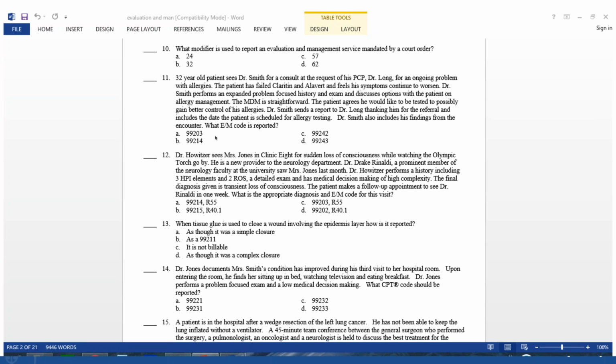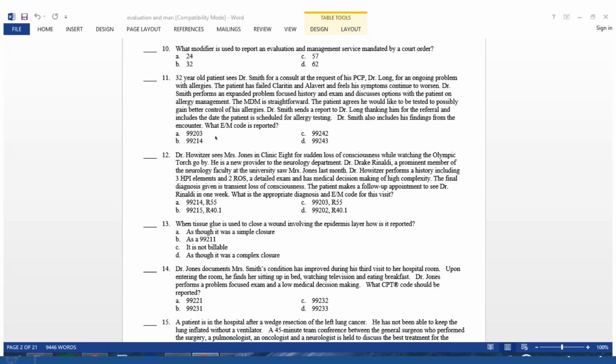First of all, in order to use a level 5, what key components do you have to have? You have to have a comprehensive history. That didn't happen, right? Because first of all, her HPI was brief and she only had 2 reviews of systems. So how can she have a comprehensive history, right?